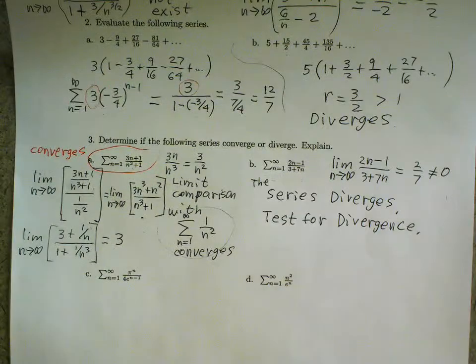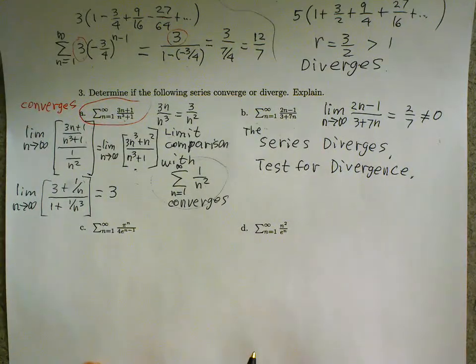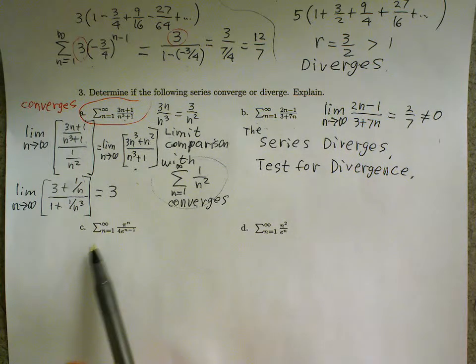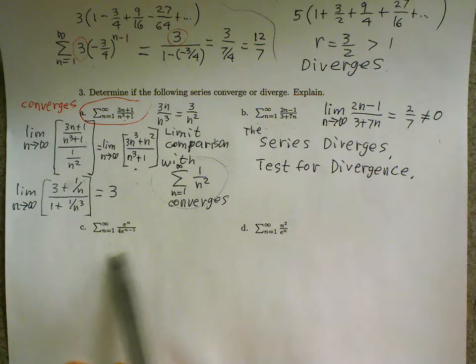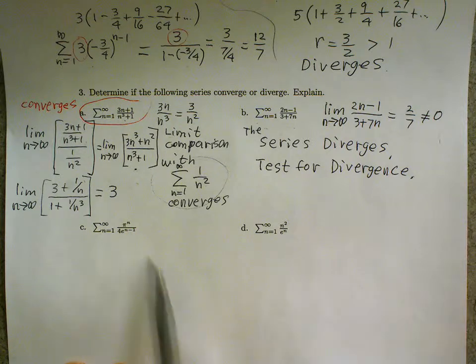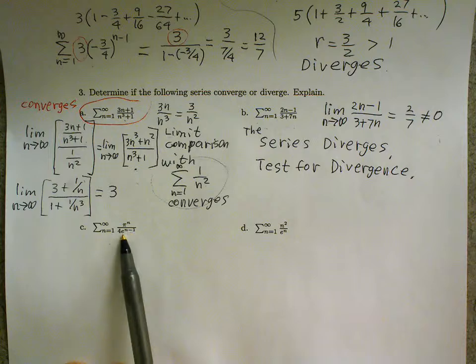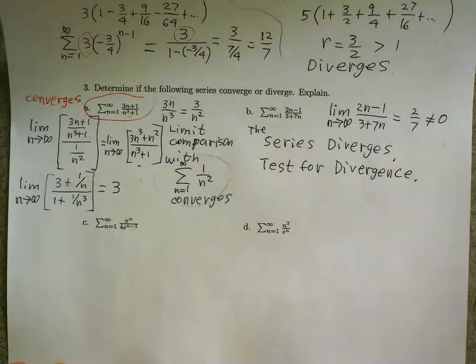All right, the next one, part C. The series, the terms are pi to the n divided by 4 times e to the n minus 1. So the n minus 1 is the exponent on e. So what sort of series is this?